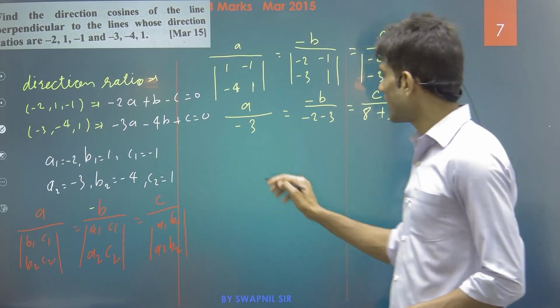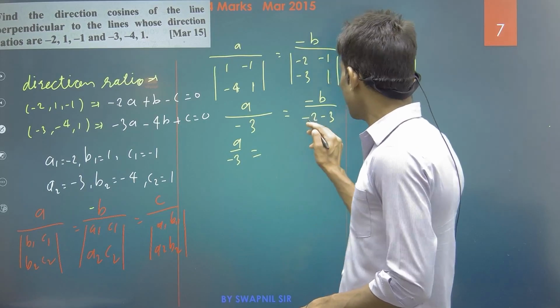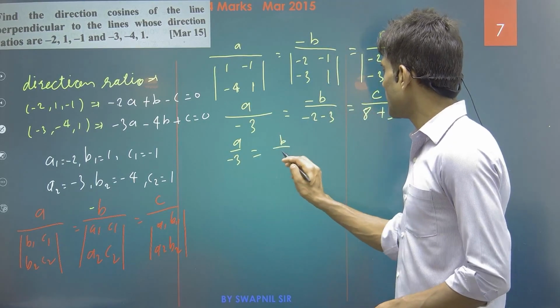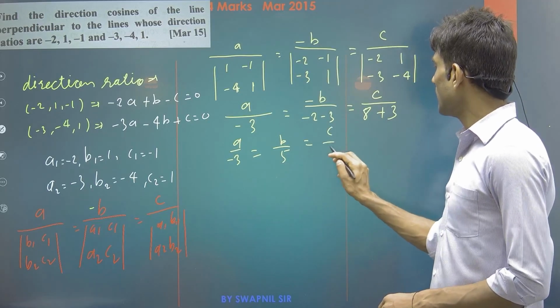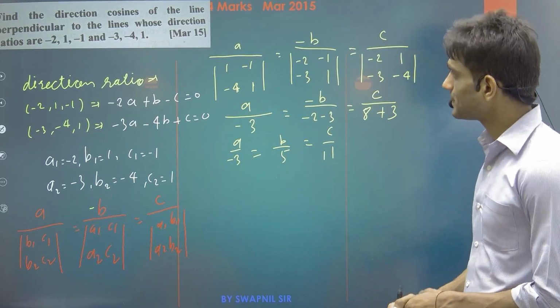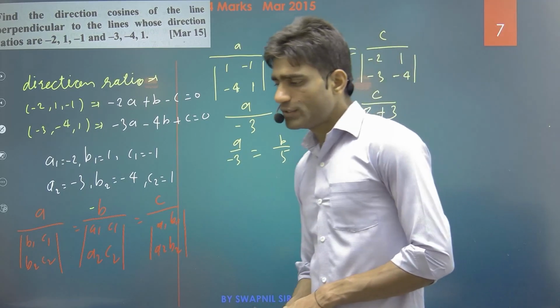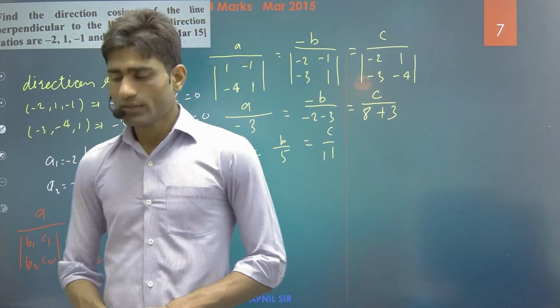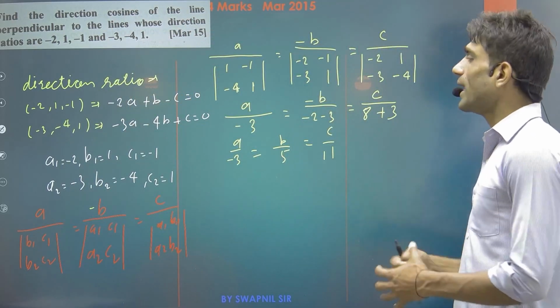So A upon -3 is equal to B upon 5, and C upon 8 plus 3, which is 11. These are our required direction ratios for our given line: -3, 5 and 11.